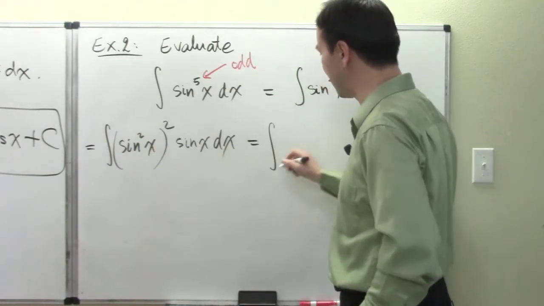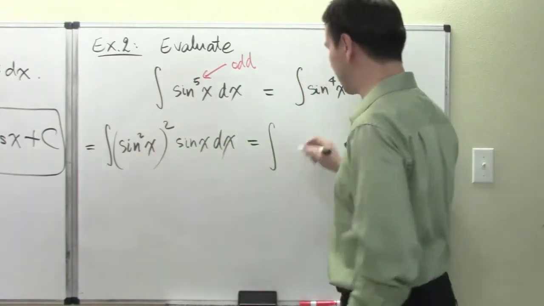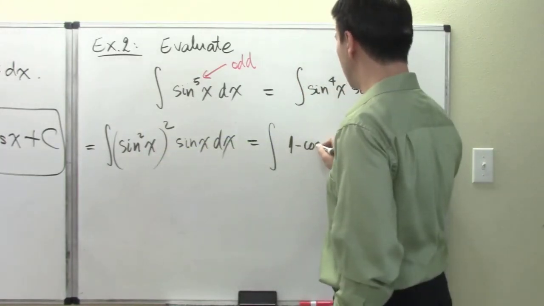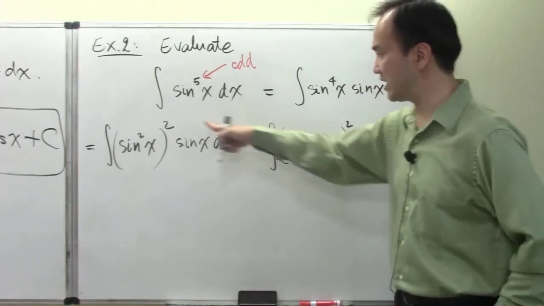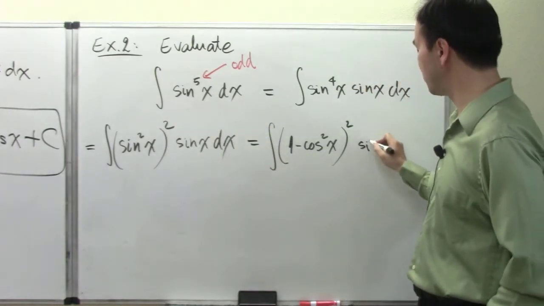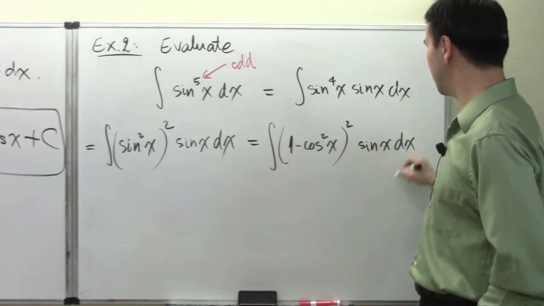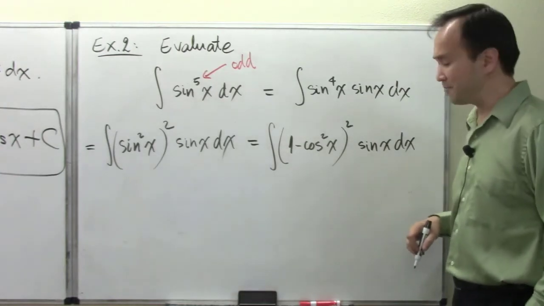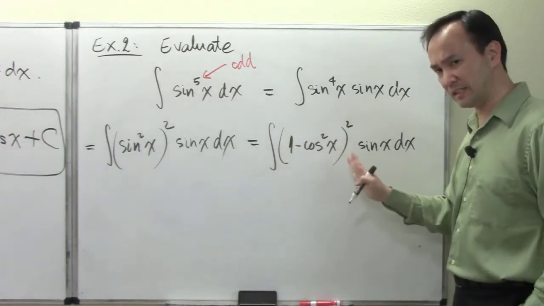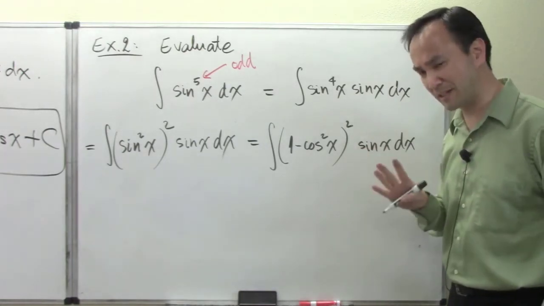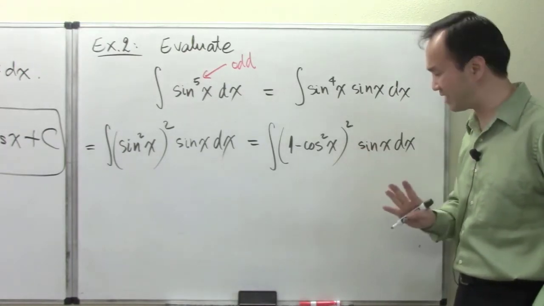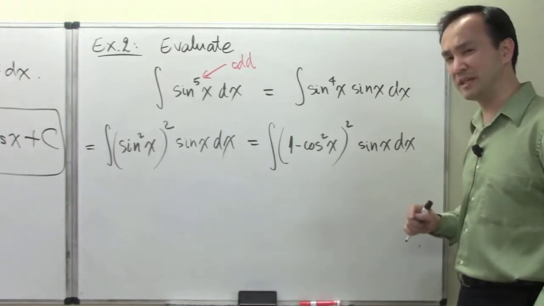So in the next step, I'm rewriting that as 1 minus cosine squared of x, all of that squared due to that power, and we still have this separated sine of x left out there. It seems like we're making things more complicated, but here's how the next step comes in, and you will be surprised.